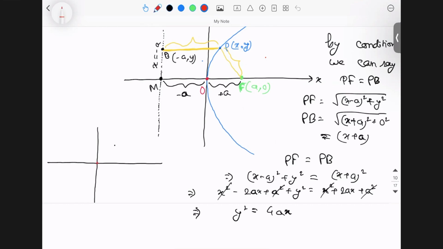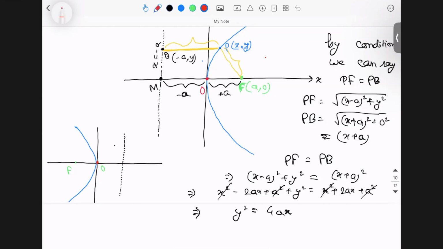This is our origin O. In this case, we are considering the focus to be on the negative x-axis, so there will be the point F, and the black line, the directrix, will be here. So the parabola will look like this.